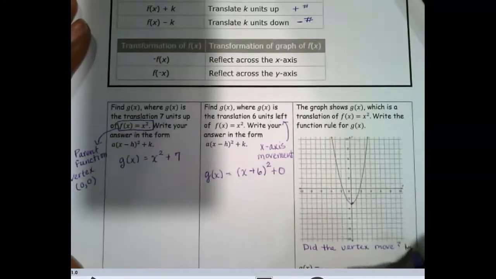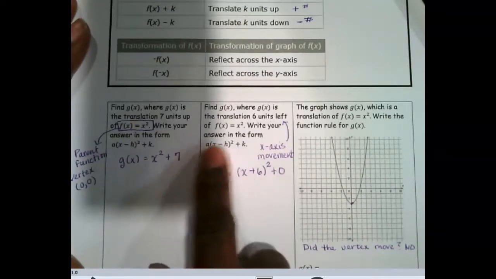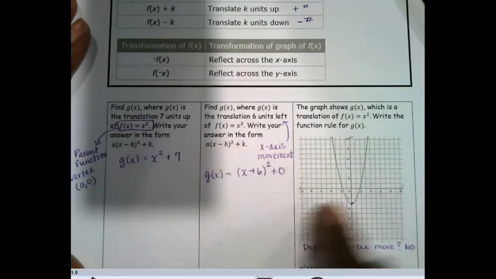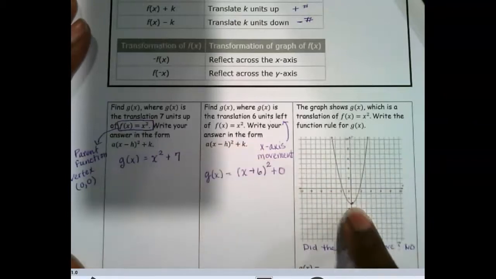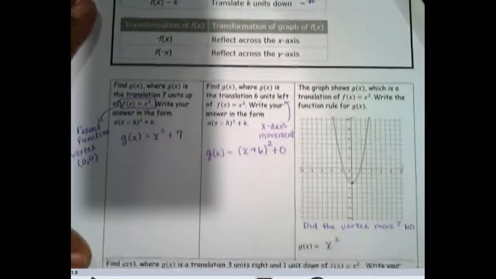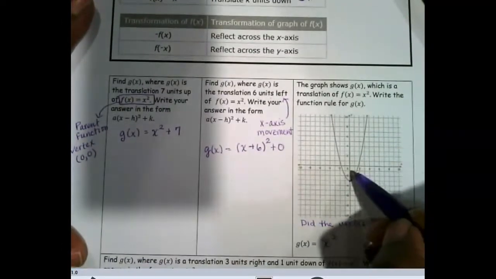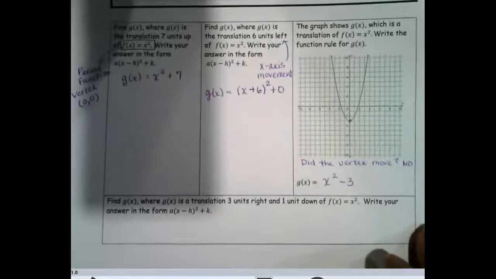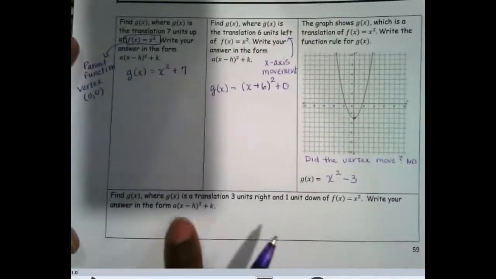The answer is no. So we don't need the parentheses part of the vertex form. We're only going to need the k part because it didn't move left or right. The vertex only moved down. So we would write our function as g of x is equal to x squared. We're writing what type of function it is and what it did. It moved down 1, 2, 3. So x squared minus 3.